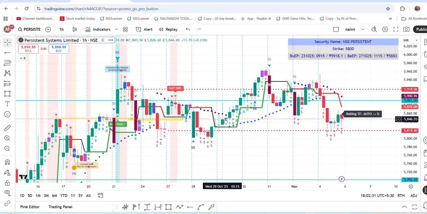Instead of that, see the institutional play. A strong bullish momentum. They pushed the market. It was a trendy day from 5,827 to 5,961. Who can imagine?